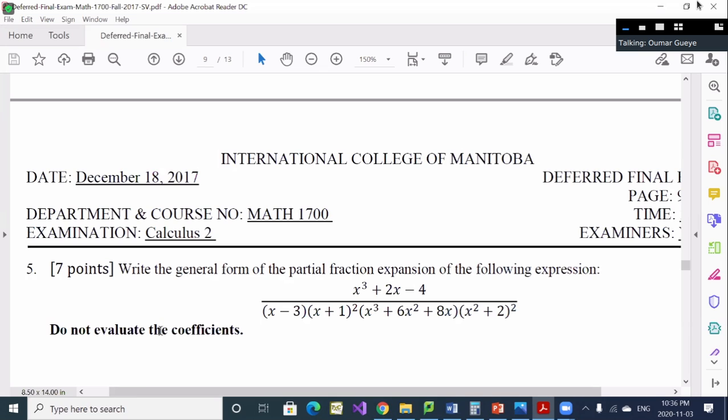Don't try to find the coefficients, we don't need them. So you name your coefficients by using any alphabetic letter. Okay, you can use A, B, C, or A1, A2, A3. It's up to you. Doesn't matter. I'm going to give you 1 minute to find the partial fractions decomposition by following all steps from step 1 to step 4.